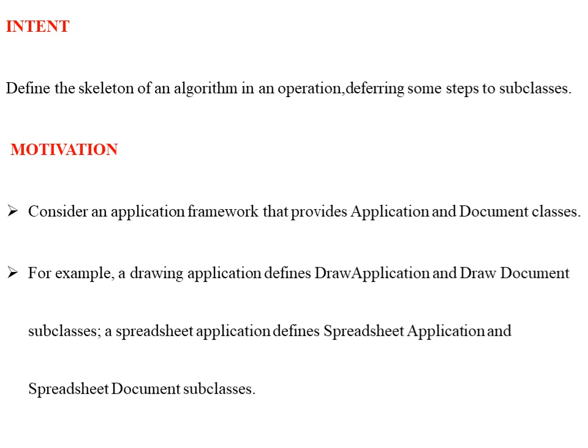Next, coming to the motivation. Motivation defines the problem and also finds the solution. Here we are taking two key classes: one is application and another is document. Remember the factory method pattern?